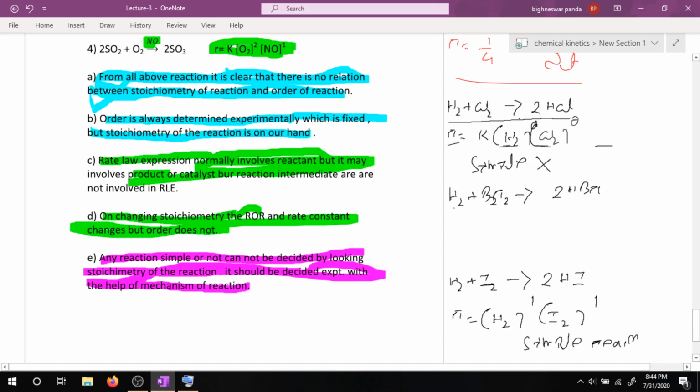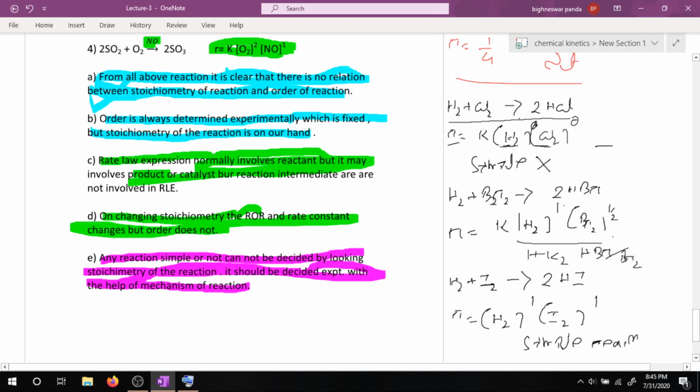And similarly for hydrogen and bromine, H2 plus Br2 gives rise to 2HBr. Here I can write rate is equal to K into [H2]^1 [Br2]^1/2 divided by 1 plus K2 [HBr] divided by [Br2].